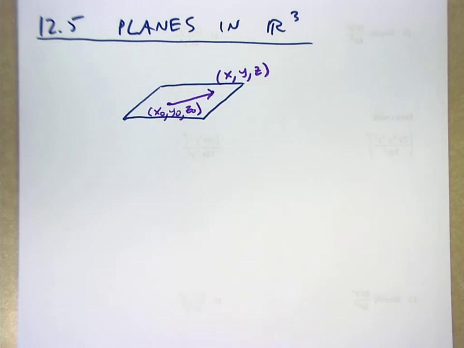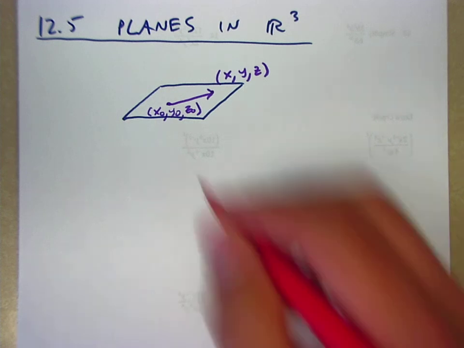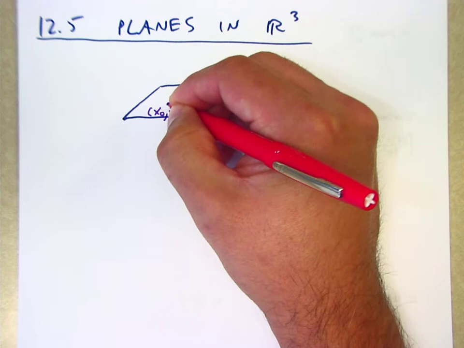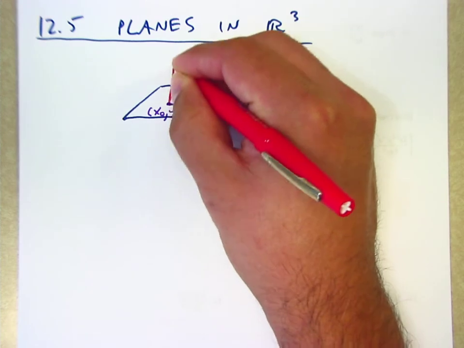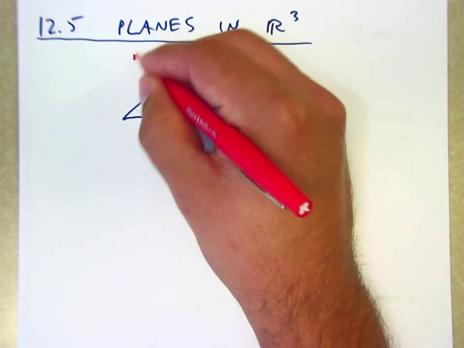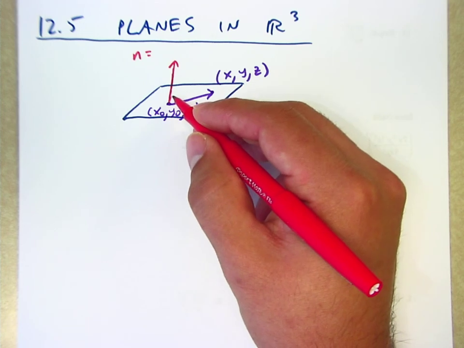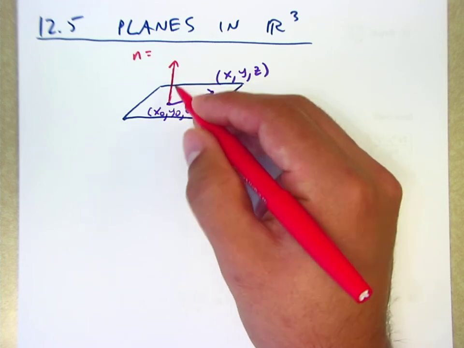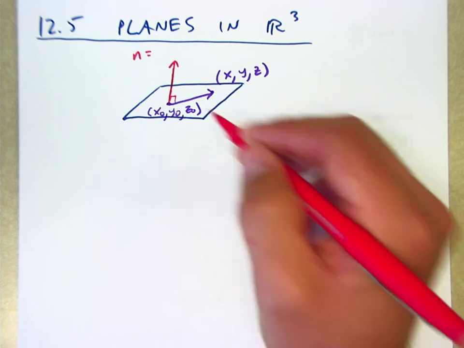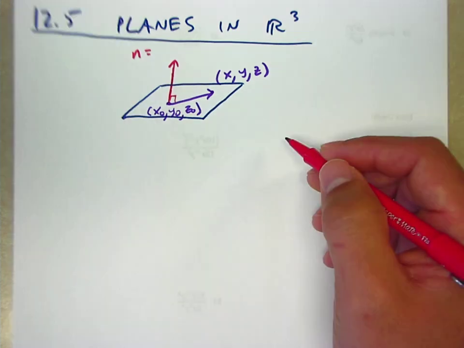Now, let's throw in, as we talked about a little bit in the previous section, a vector that's normal to the plane, meaning that the plane and the normal vector, which is in red, are going to be orthogonal, or normal.